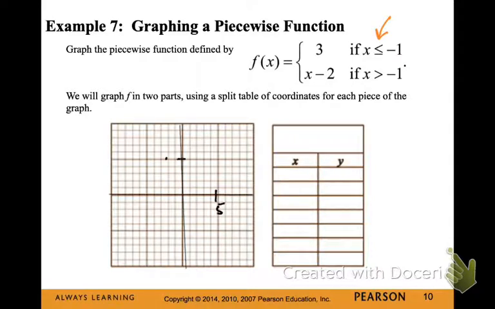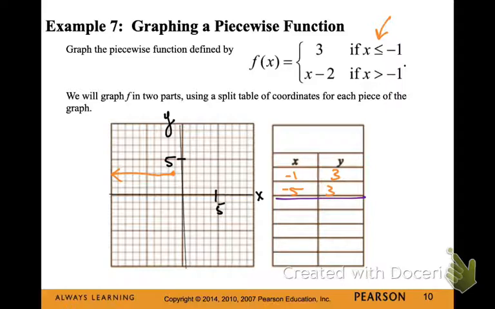First I'll draw my xy axis. I start my table where my interval starts at negative 1, and my y value just equals 3. Then I'll do a second value. I pick a value that's less than negative 1, negative 5, and it will still equal 3. So that will just be a line that extends off in the negative direction.